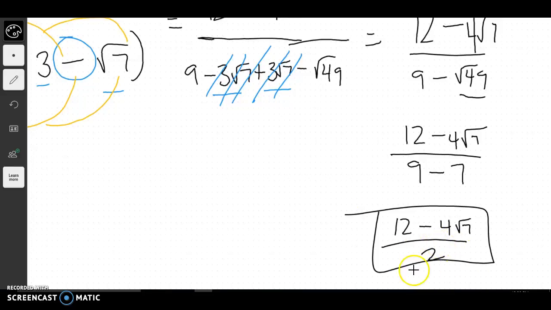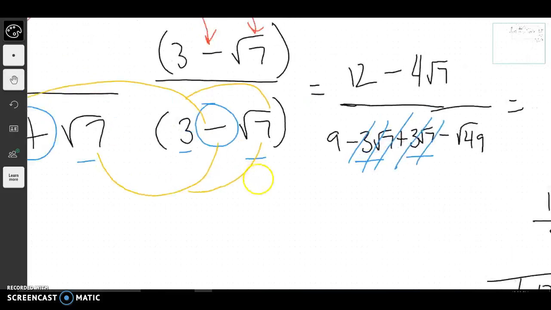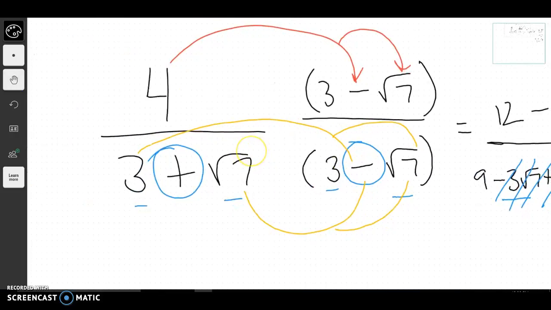And we finally rationalized the denominator. I know this takes a little bit, but you can see that the process isn't too bad once you know the conjugate. You just go through and you do the binomial multiplication that we did yesterday.